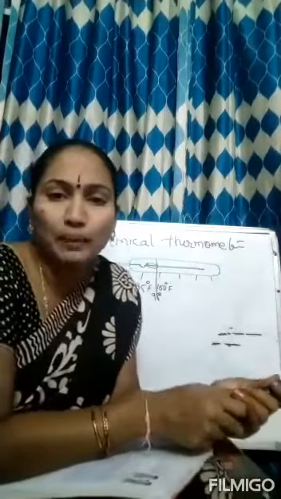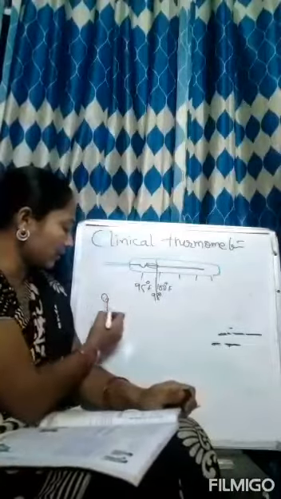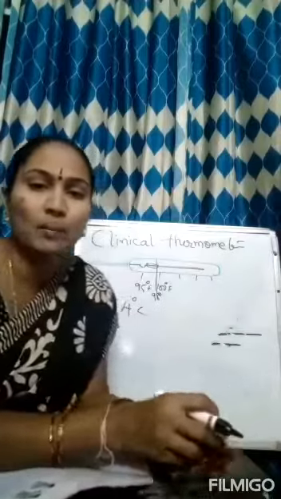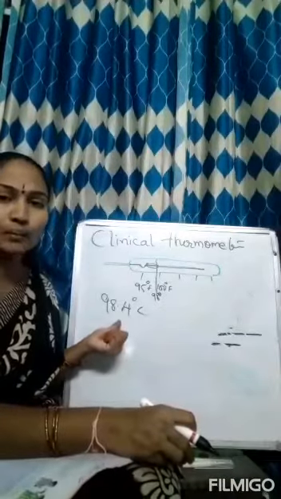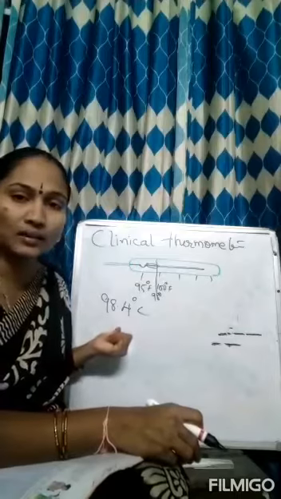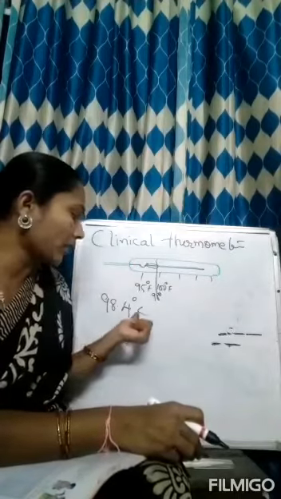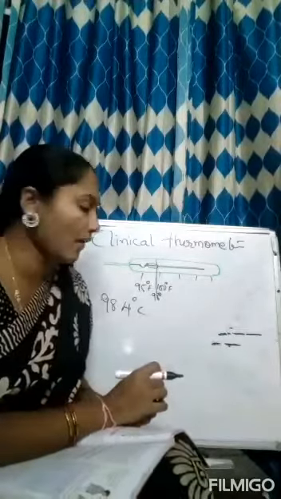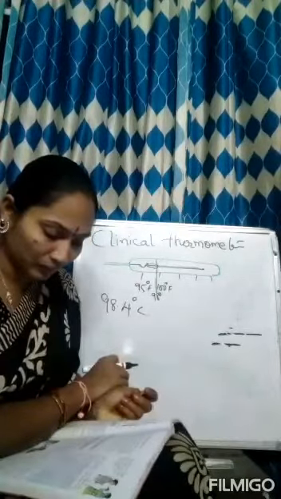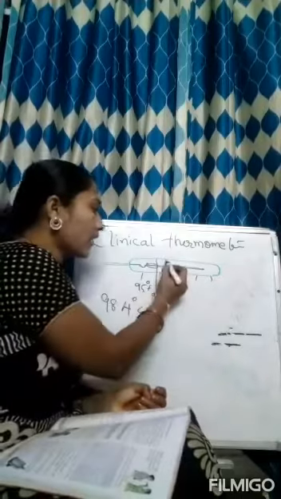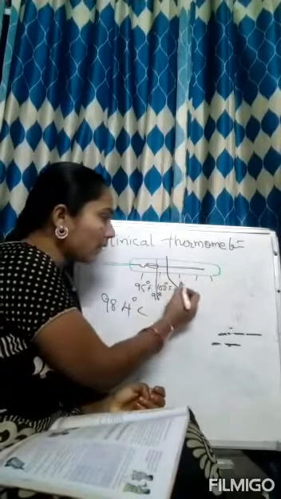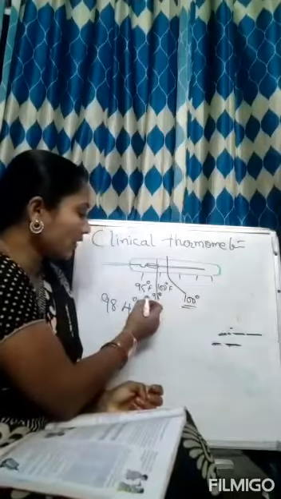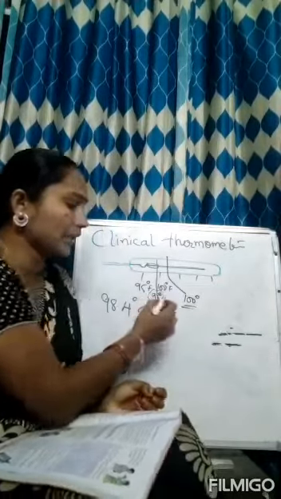The normal body temperature of our body is 98.4 degree Fahrenheit. This is the normal temperature of our body. So Shrikar has 98.4 and Srinath is having 100. In the second picture you can see the mercury has stopped at 100 degrees, and in the first picture you can see it has stopped at 98 degrees.